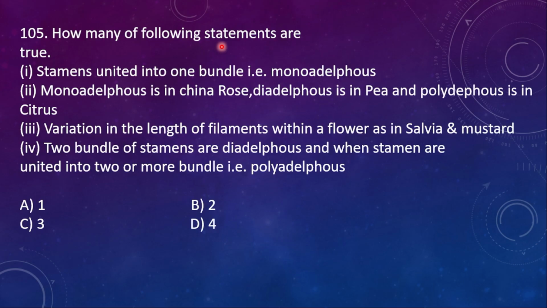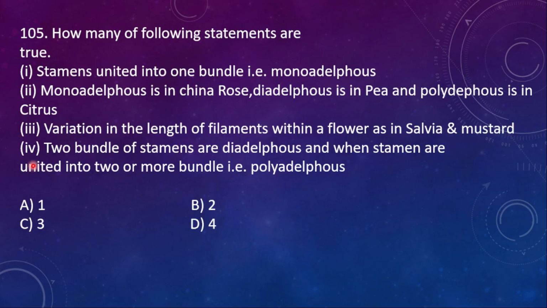105. How many of the following statements are true? Statement 1. Stamens united into one bundle, that is monoadelphous. Statement 2. Monoadelphous is in China rose, diadelphous is in pea, polyadelphous is seen in citrus. Statement 3.